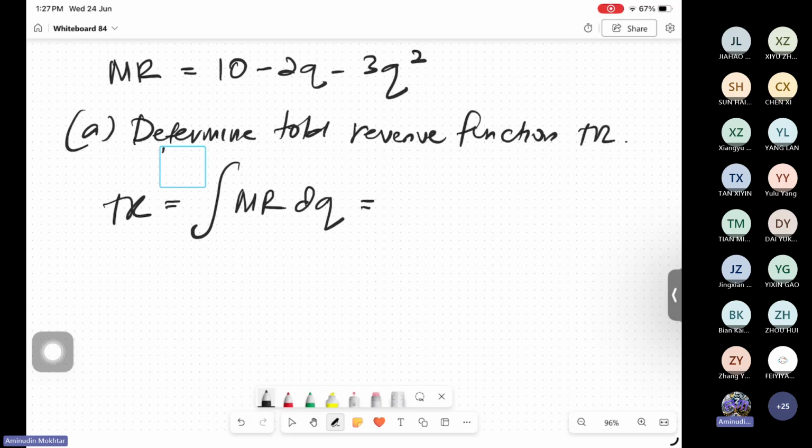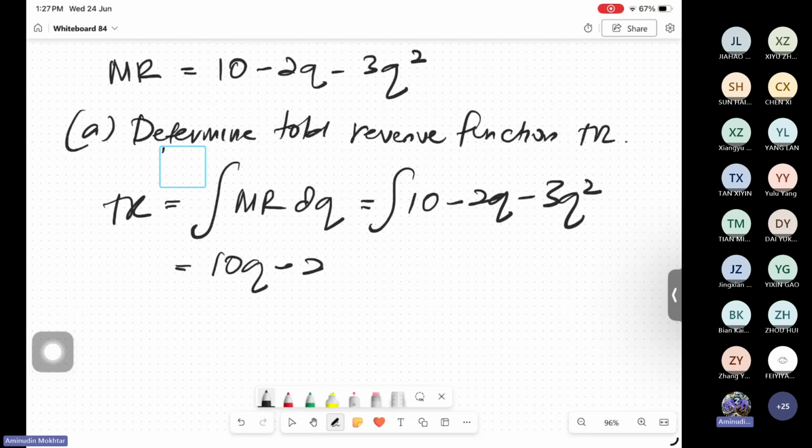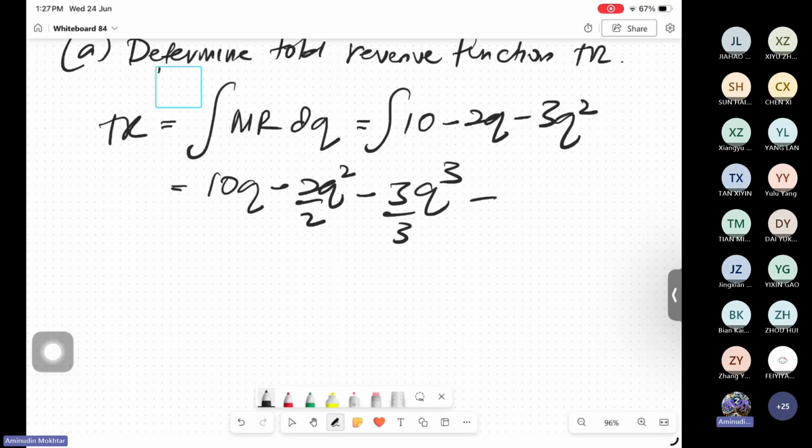It is equal to integration of 10 minus 2Q minus 3Q squared. So the answer is 10Q minus 2Q to the power of 2 divided by 2 minus 3Q to the power of 3 divided by 3, and then plus C, because this is an indefinite integration.